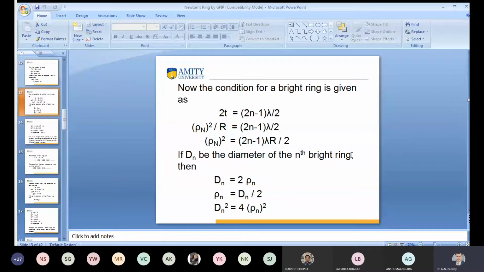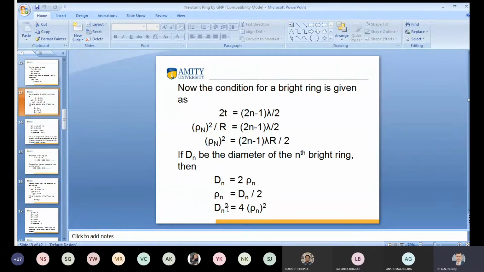You know very well, diameter is always twice the radius. So Dn is equal to 2 rho n, and we can also write rho n is equal to Dn by 2.